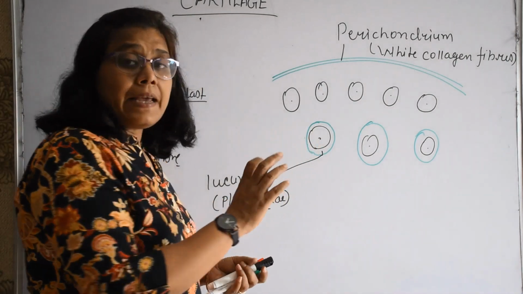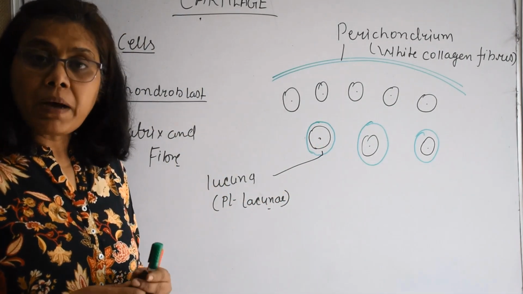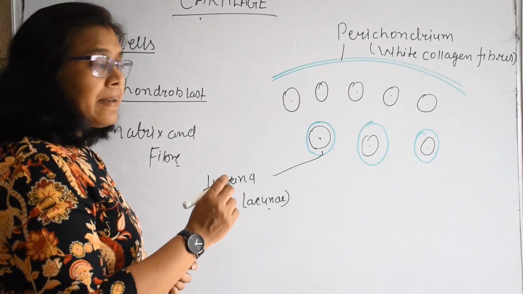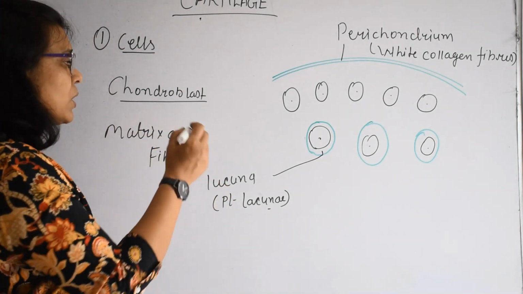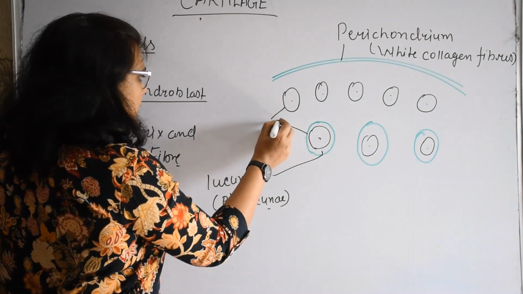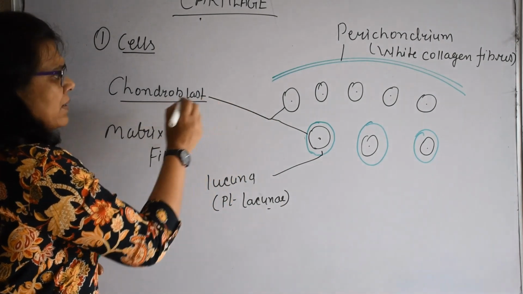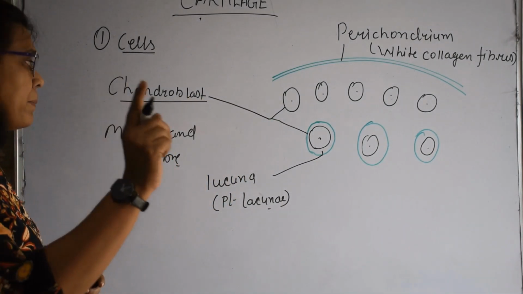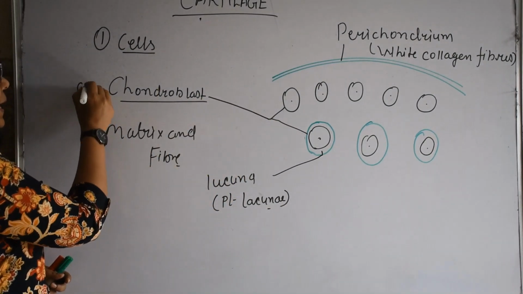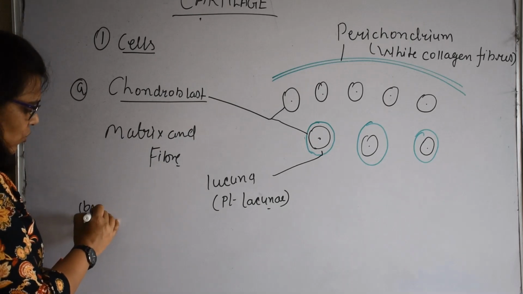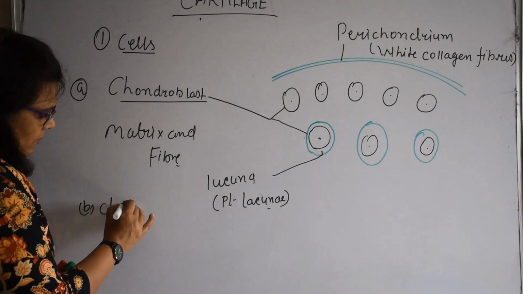These cells mature and form another cell, and that cell is called chondrocyte. So first level it is chondroblast, and these cells mature to form another type of cell, called chondrocytes.